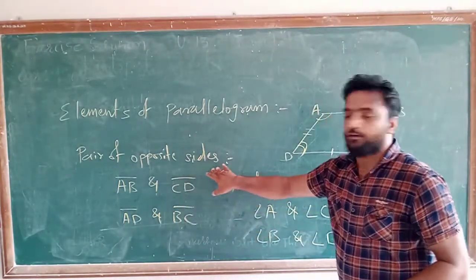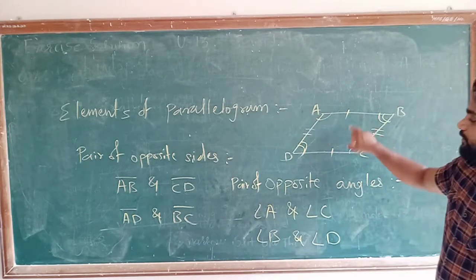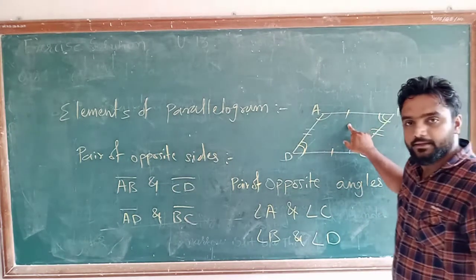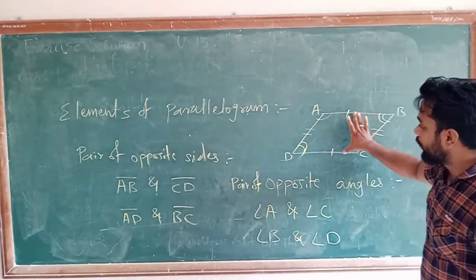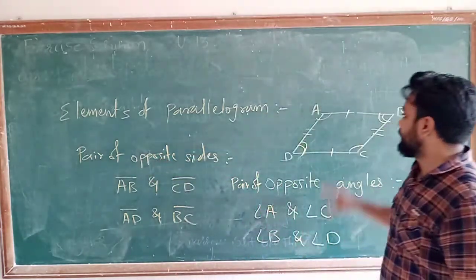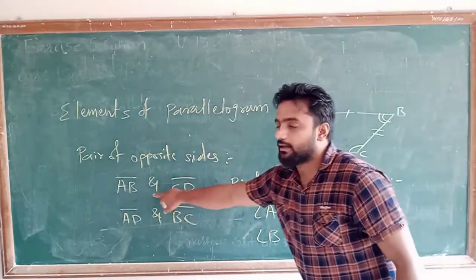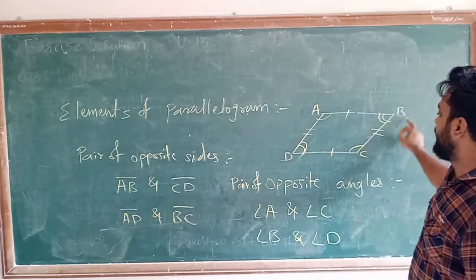Okay. So here I have already explained from the figure and wrote some things: the pair of opposite sides and another thing, the pair of opposite angles. Means जो sides एक दूसरे के सामने हैं. Understand or not? So they are called the opposite sides. और दोनों को ही combinedly single pair बोला जाता है. So here AB and CD are a pair of opposite sides and another pair is AD and BC.